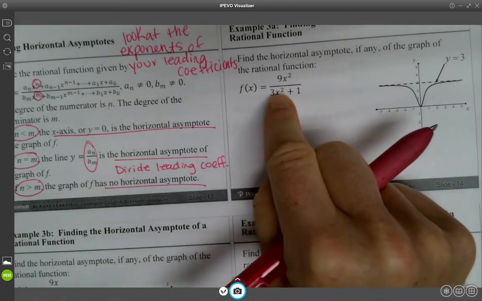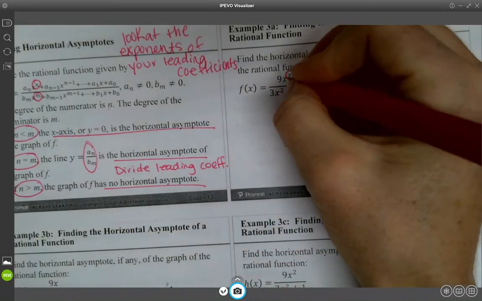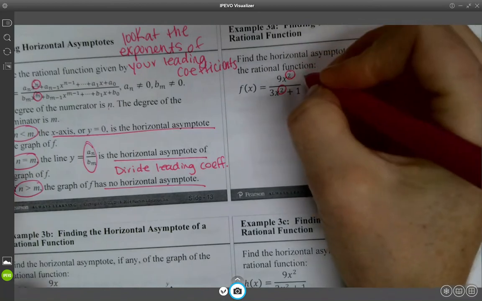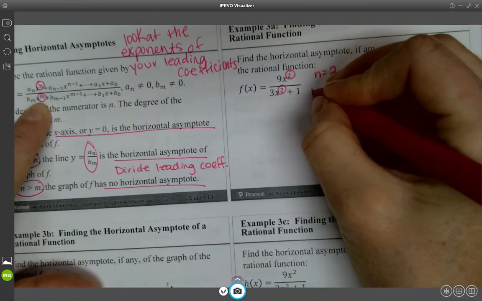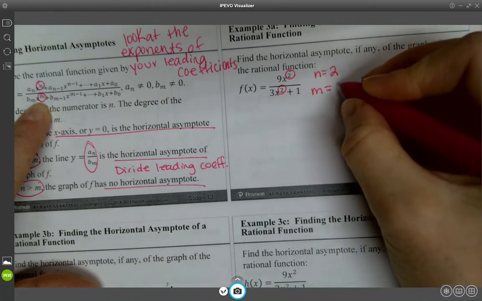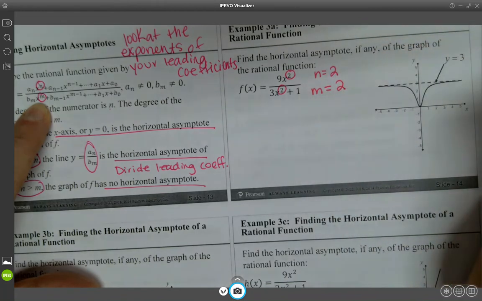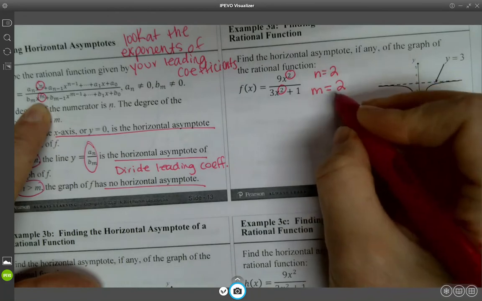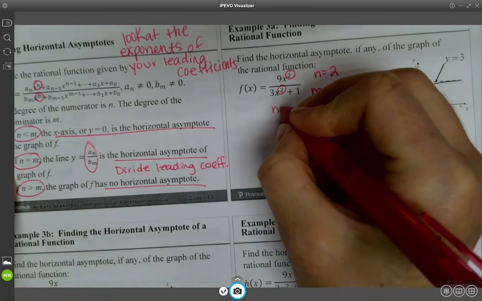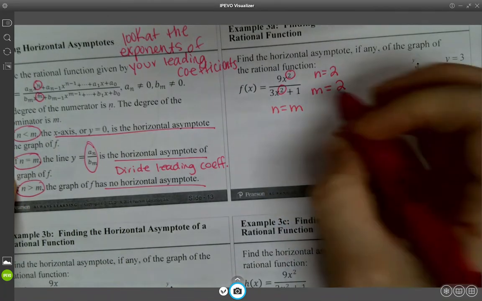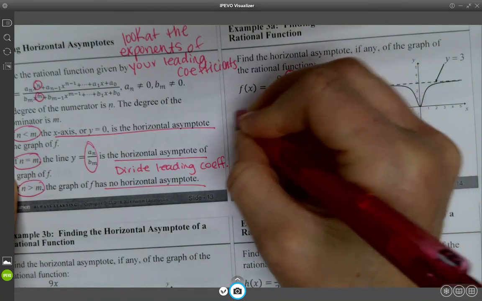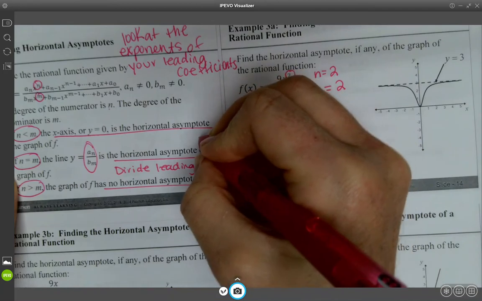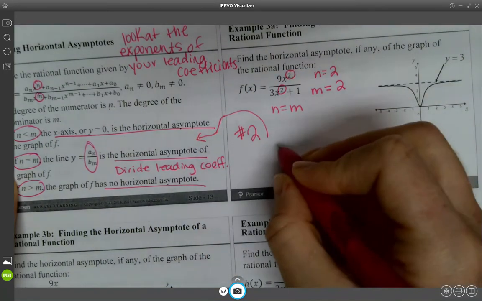So we need to look at our exponents. Look at these. This is my n, which equals 2. m, the exponent of my leading term in the denominator, is also 2. So that tells us n equals m, which means it's number 2 from our last slide.